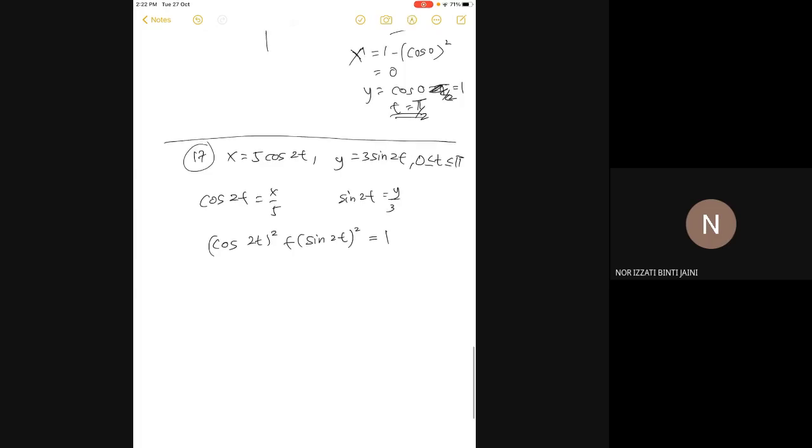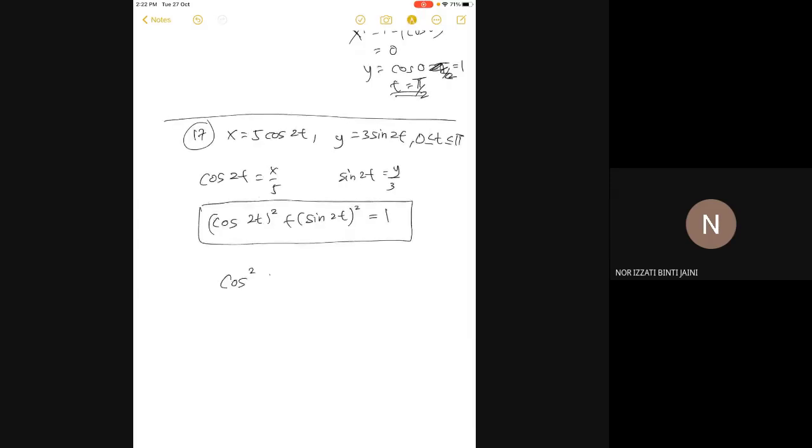This one maybe many people don't know. Cos squared 2t plus sin squared 2t equals 1. Actually, the 2 can be any value. Cos squared 25t plus sin squared 25t also equals 1.